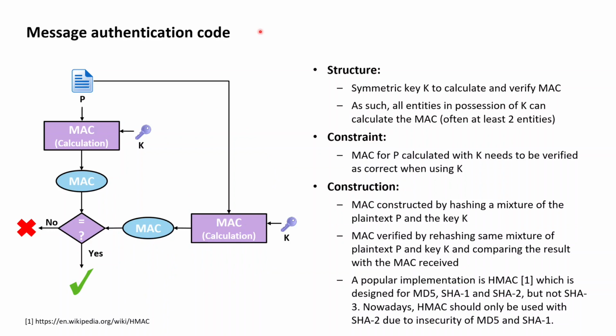Message authentication codes, as the first cryptographic concept serving authenticity, are systems where the state of information is captured in something known as a MAC tag, with these MAC tags calculated based on the information and a symmetric key K. The integrity of the information can then be verified later on by recalculating the MAC tag under the same symmetric key K. Let's have a look at the flowchart on the left side of the slide to see how this works.